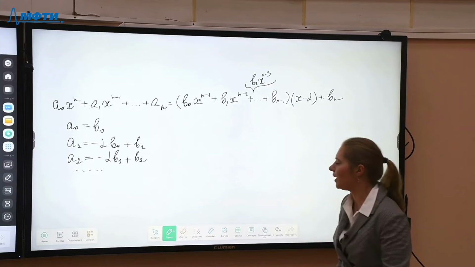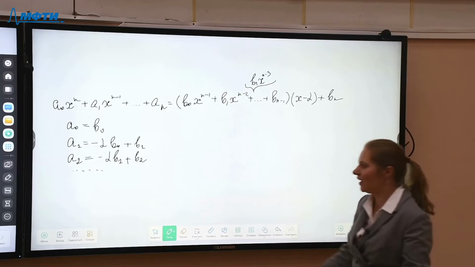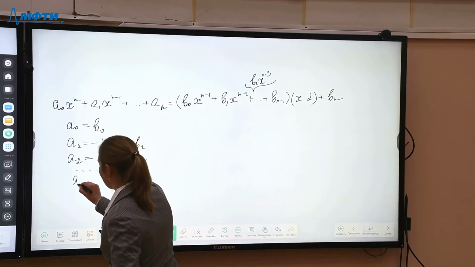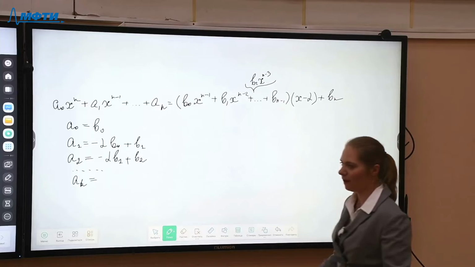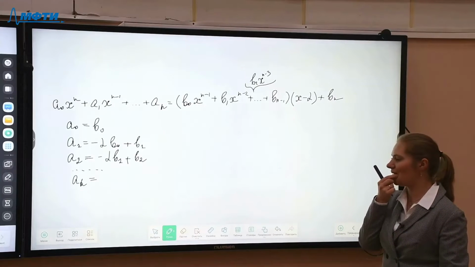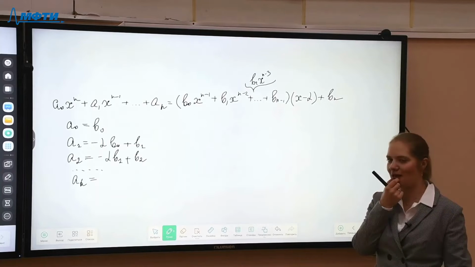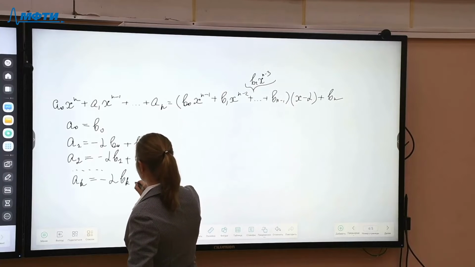And when we consider x to the power of n minus k, the coefficient here is ak. And what do we have here? To get x to the power of n minus k, plus bk, and so on.